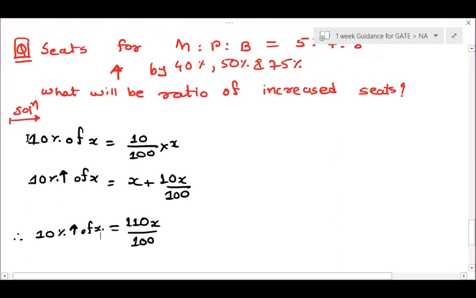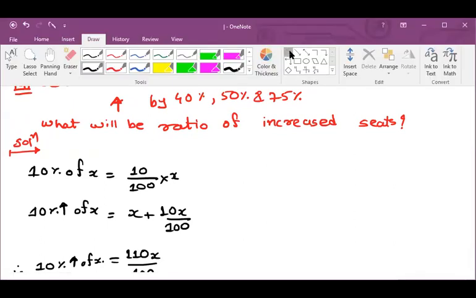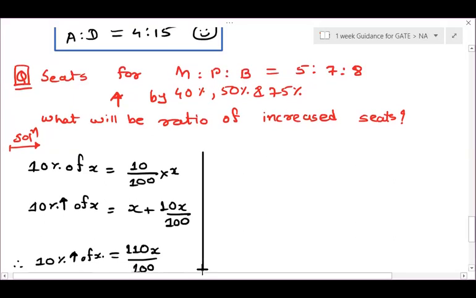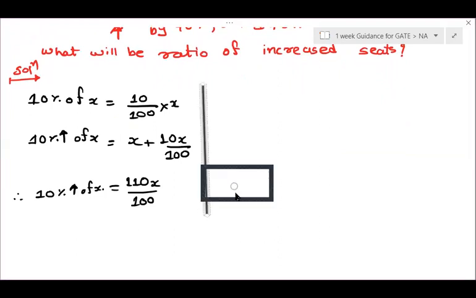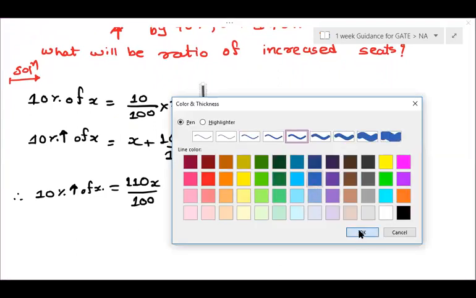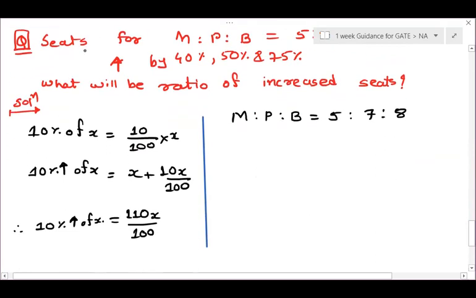Okay, so here, earlier ratio for maths, physics and bio was 5:7:8. Okay, repeat once. See over here. So I'm repeating this.